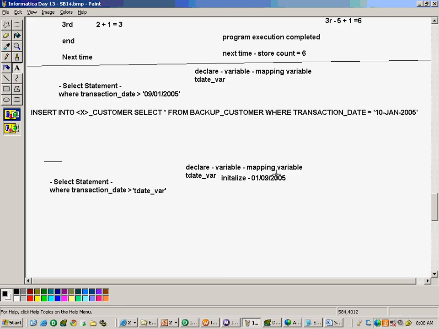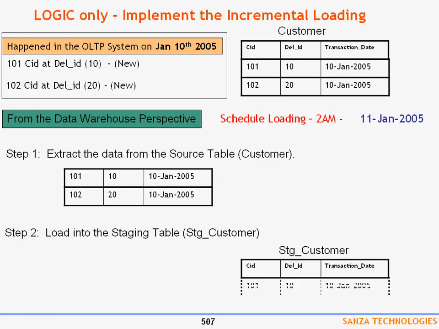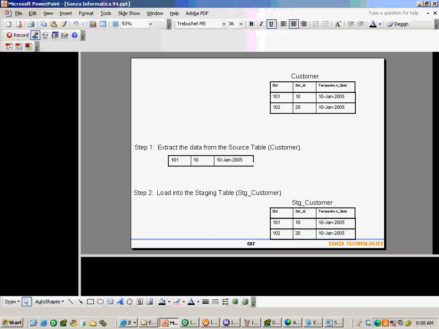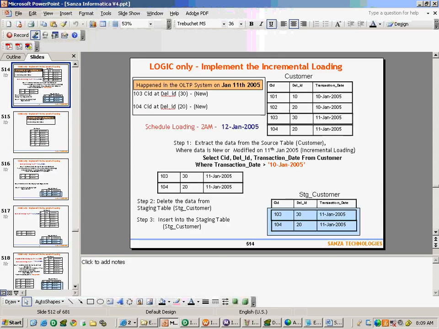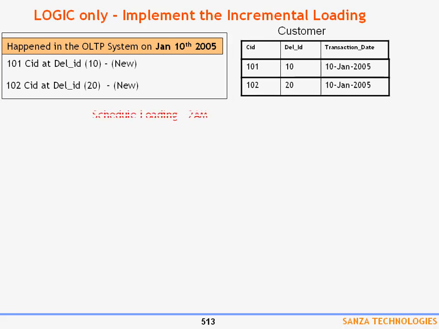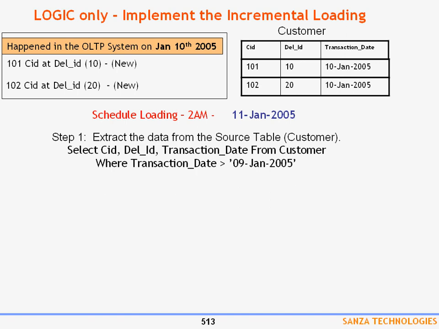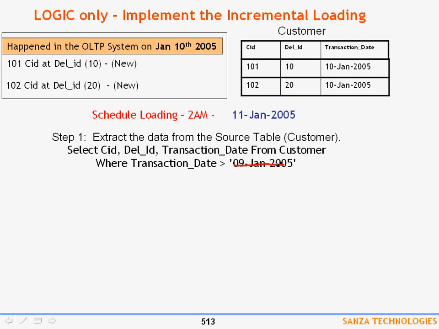So I declared a variable. Variable contains this value. I'll put it in the source qualifier transformation, the date variable. So when you execute it, in place of 9th January data, I have used a mapping variable, the date variable.